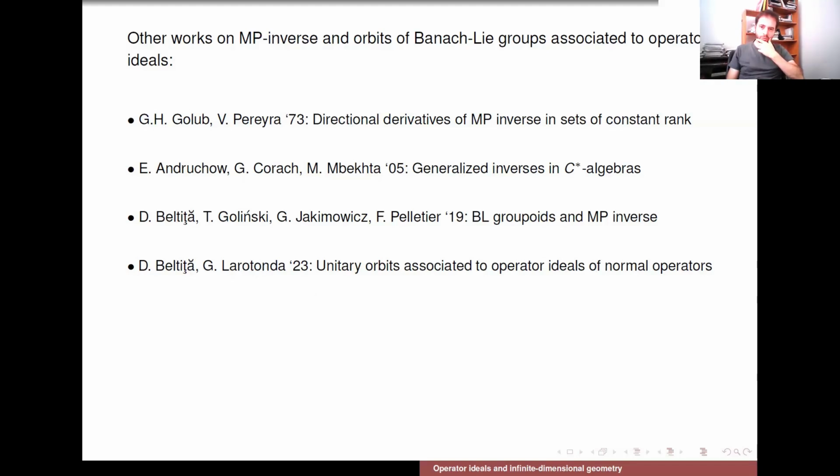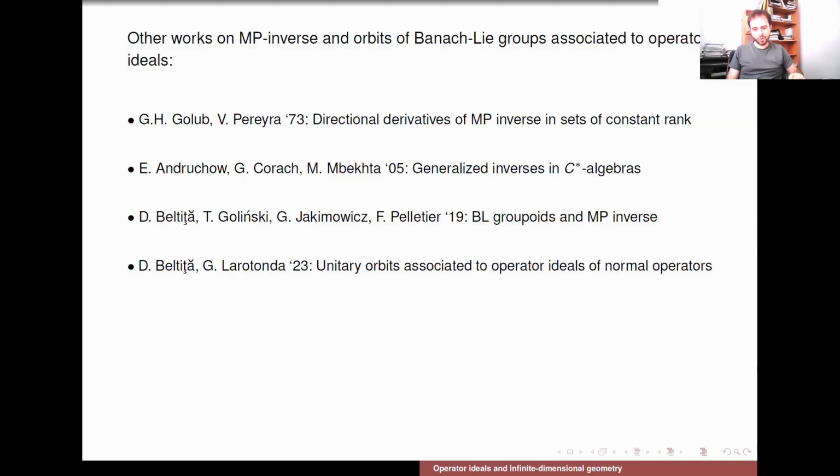What I would like to mention about that work is that they considered unitary orbits given by restricted unitary groups associated to operator ideals.